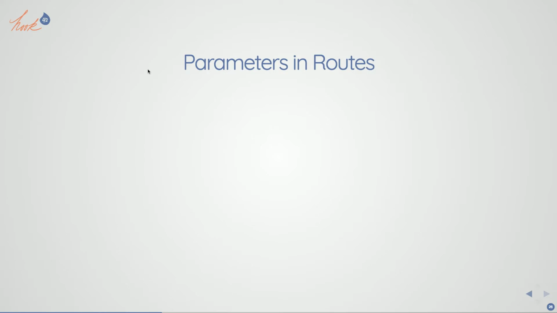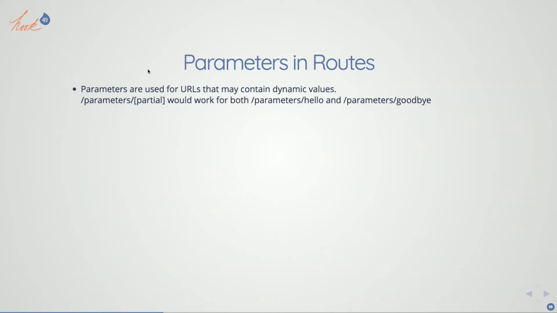You can do something called parameters in routes, and these are used for URLs that contain dynamic values. For example, if the user goes to parameters/anything, that anything would go into the parameters. So parameters/hello and parameters/goodbye both work.